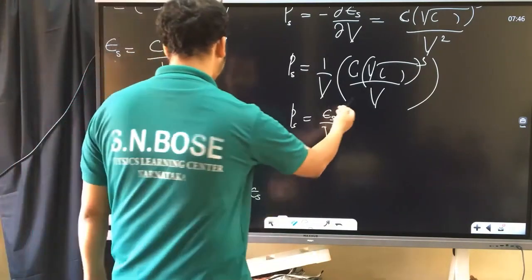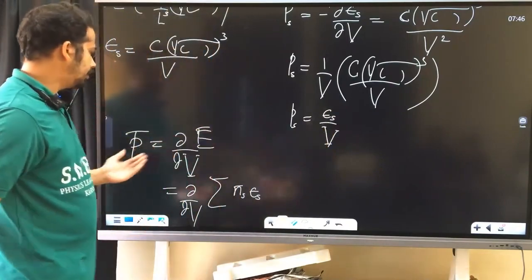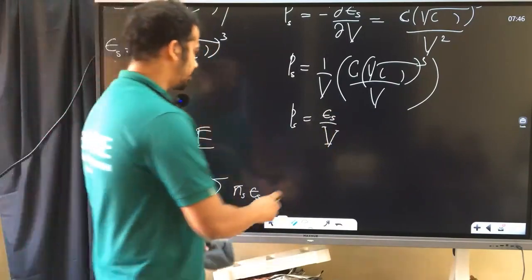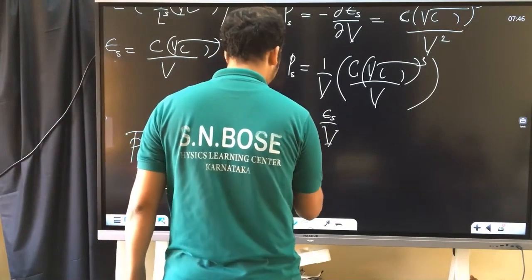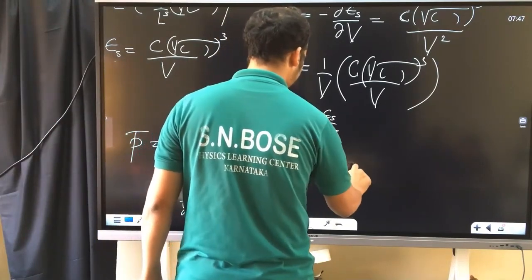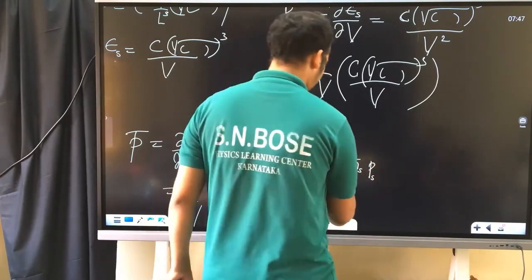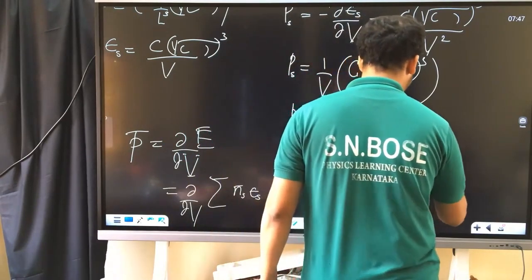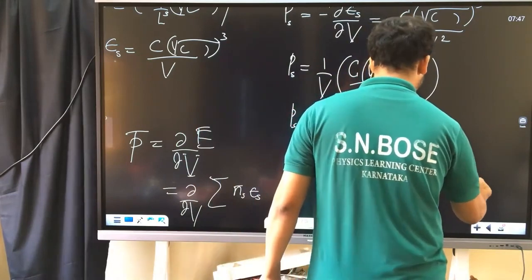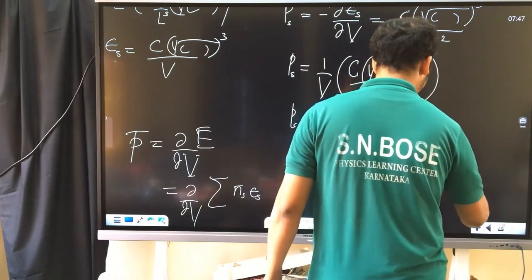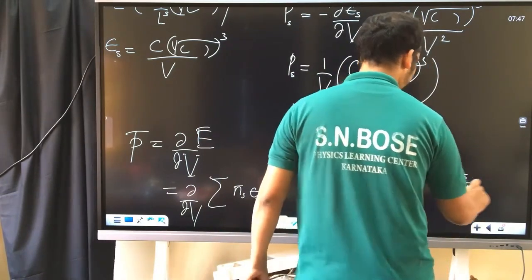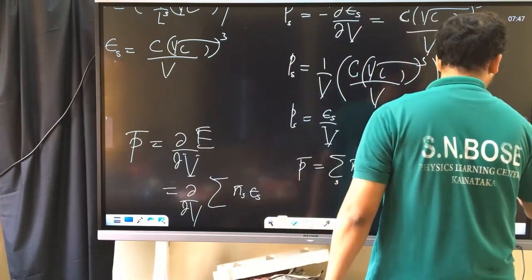So now if this is like this, this relation will also be like this only. I mean total pressure is nothing but summation over NS mean into PS. Summation over all states, that's nothing but summation over S of NS mean into ES by V, that's nothing but 1 by V into average energy.